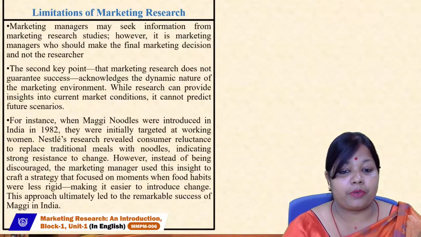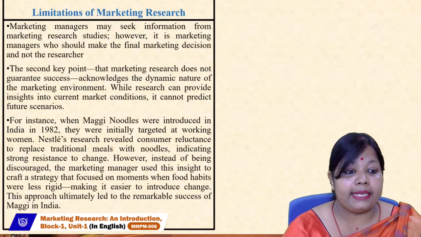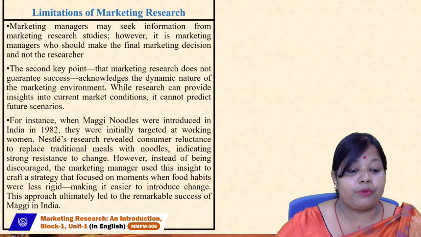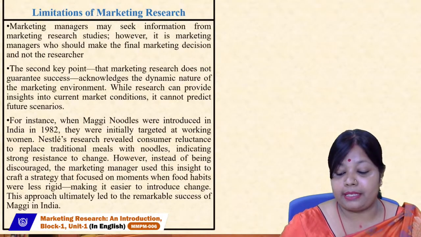This was the situation of India at that time in 1982, indicating strong resistance to change. However, instead of being discouraged, the marketing manager used this insight to craft a strategy that focused on moments when food habits were less rigid, making it easier to introduce the change. This approach ultimately led to the remarkable success of Maggi in India.